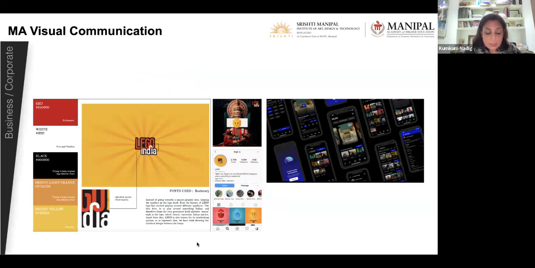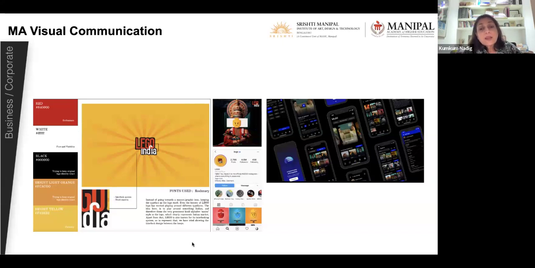A lot of our students get hired by large corporates and multinationals such as Adobe. There are students working at Google, students working at Decathlon, students working at Target, and many other companies. So branding and UX UI and digital design also form an important part of our curriculum.